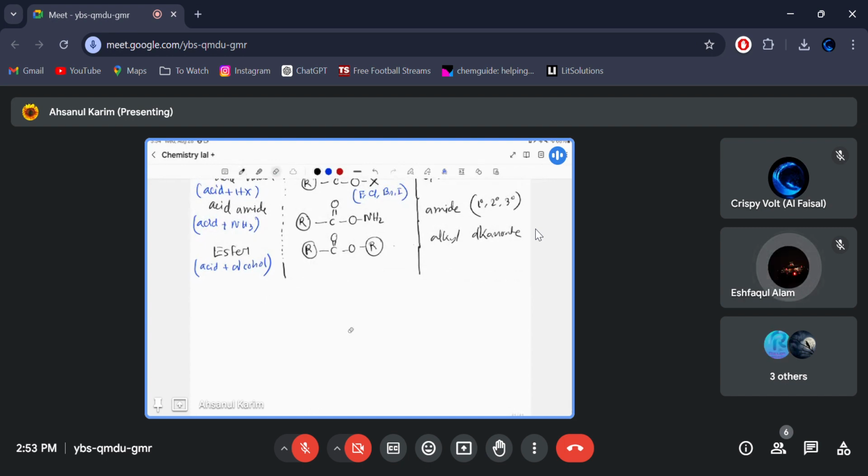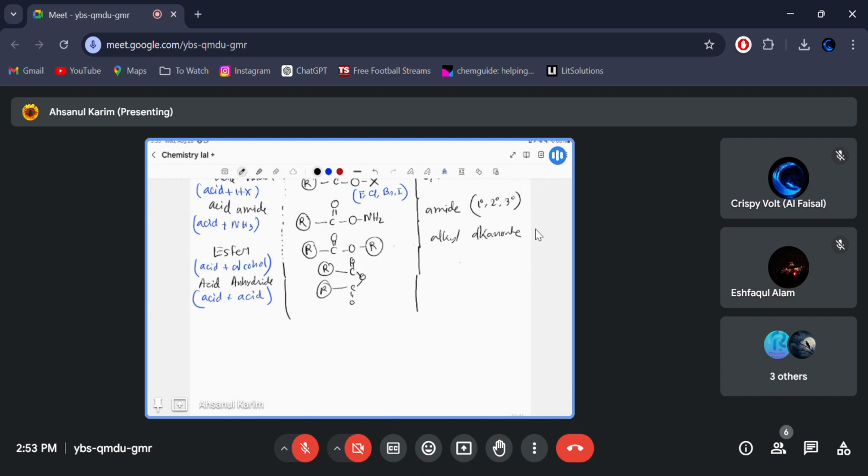Oh, I forgot to mention another one. It is called anhydride. Acid anhydride. It will look something like this. And the reaction is very easy, acid plus acid. If you react acid plus acid, you'll find acid anhydride.